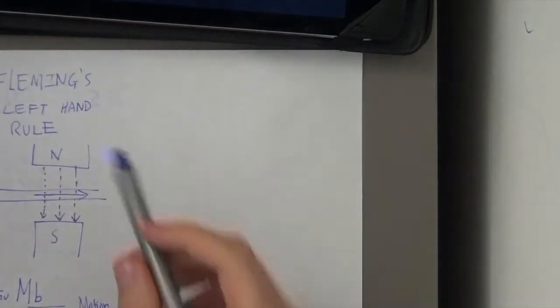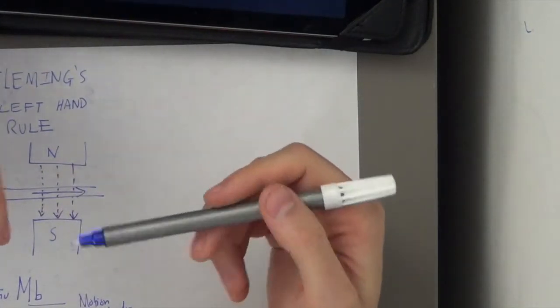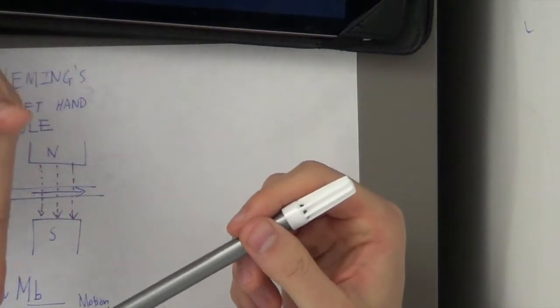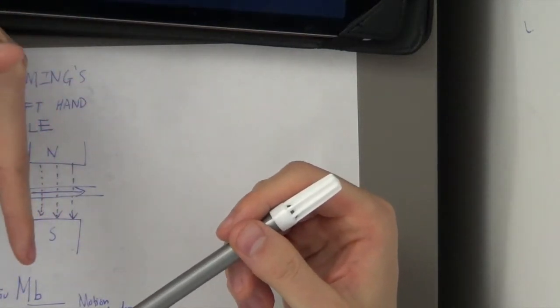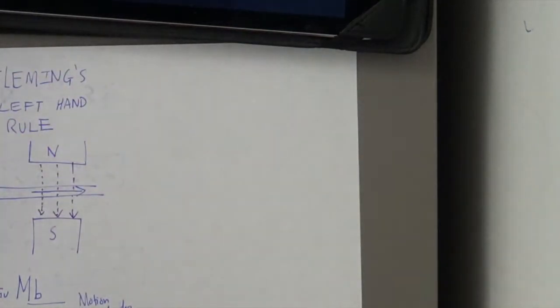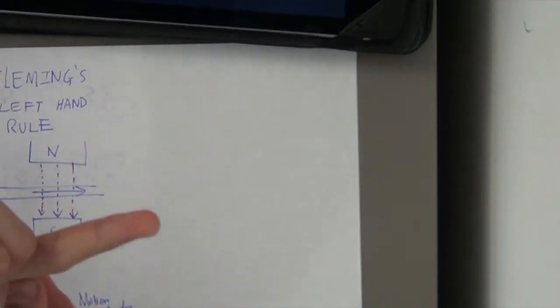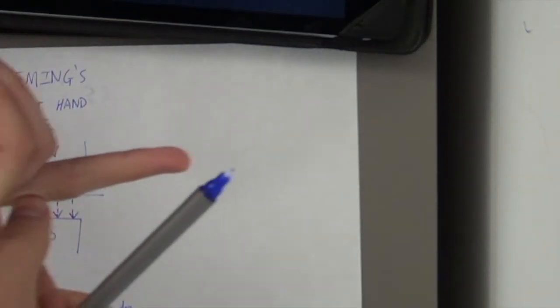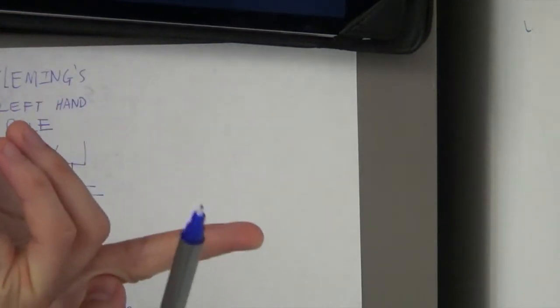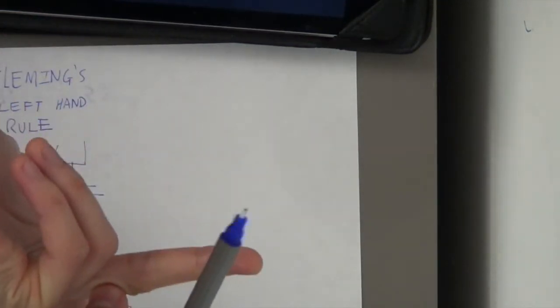So we come back to this example. We have our field, which is the first finger, going downwards. Do you see that? My second finger is this one, and notice it's going that way, meaning my thumb is actually pointing into the piece of paper.